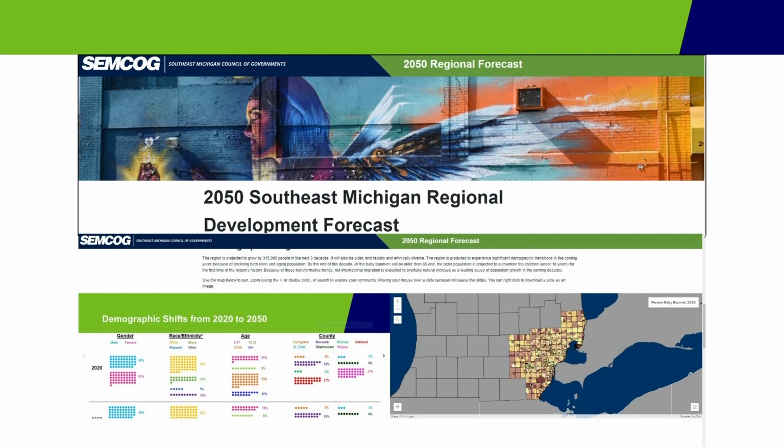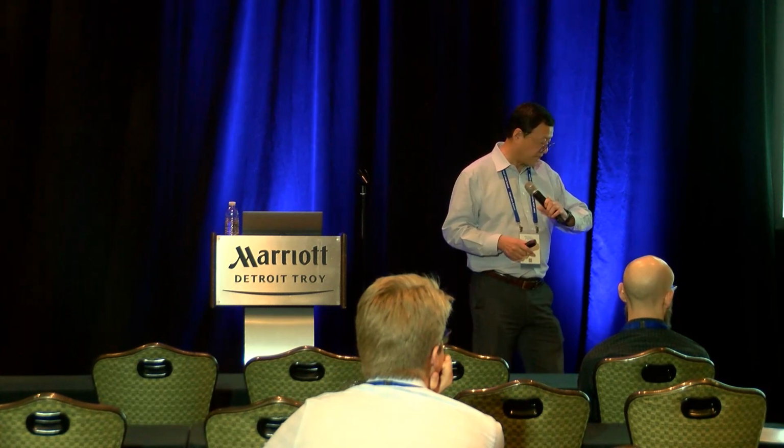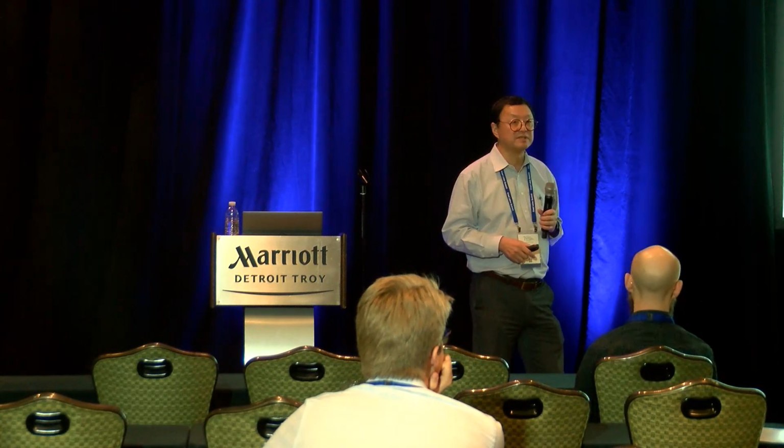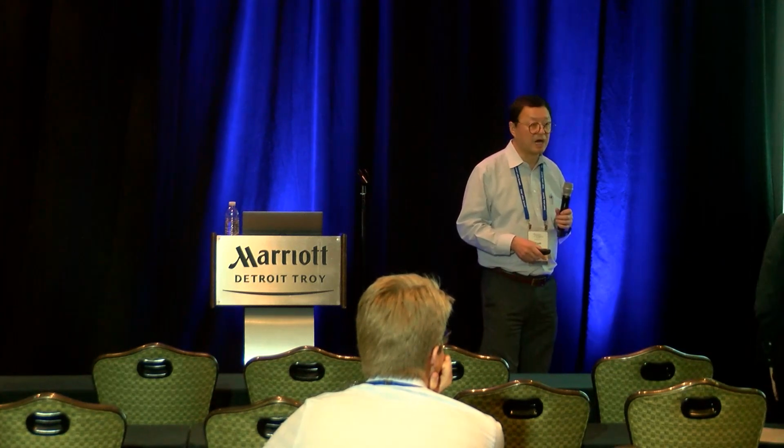This one is called Forecast Explorer. You're welcome to explore that and see what the forecasts say about the region and the communities. I think that's a good time to transition to Chad, and Chad will tell us some other applications we developed.